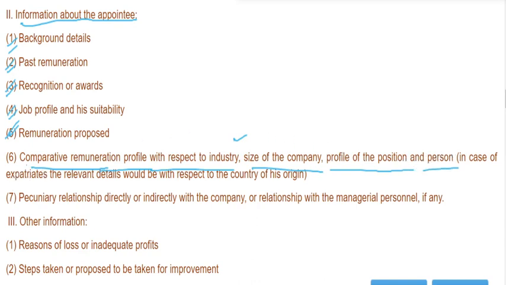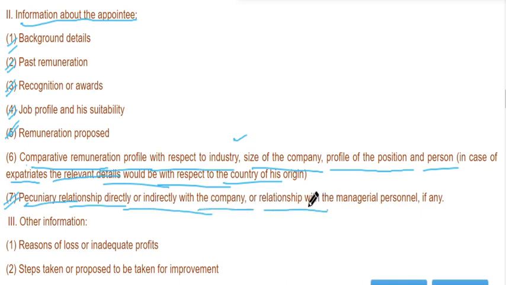In case of expatriates, the relevant details would be with respect to country of his origin, pecuniary relationship directly or indirectly with the company, and relationship with the managerial personnel, if any.